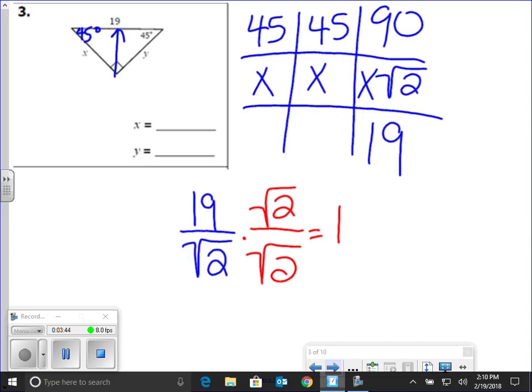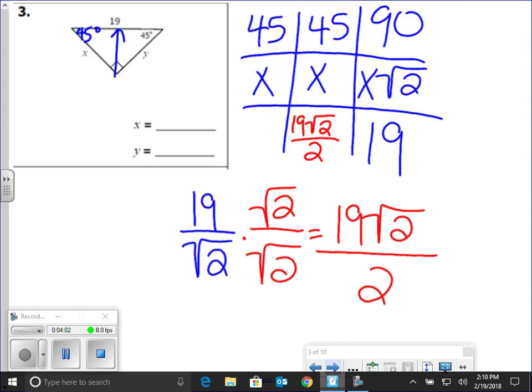Now I'm left with 19 square roots of 2 all over 2. Because 19 divided by 2 doesn't simplify very prettily, we can leave it. That's what our x value will be.